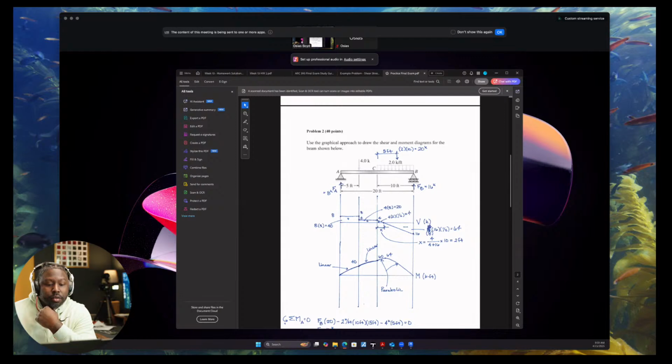So the moment due to the load is 20 kips times 15. This is not right.